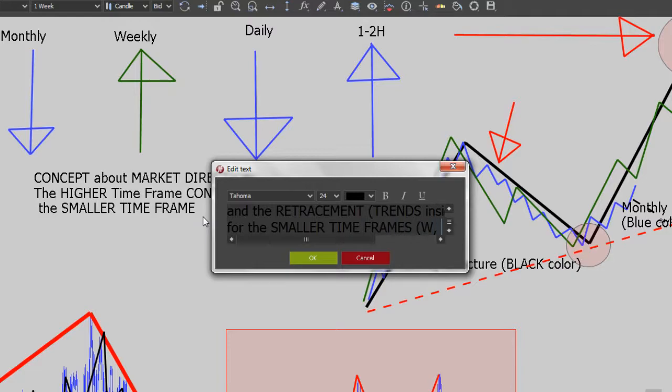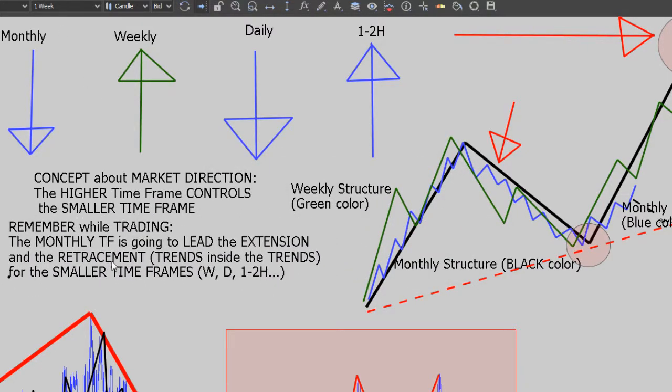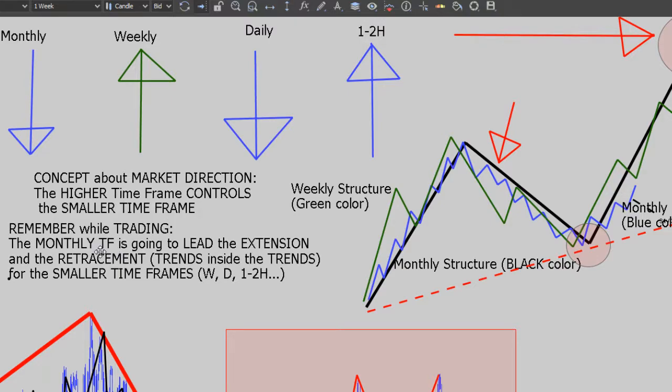Weekly, daily, 1 2 hours, and so on. Okay, so remember, while trading, the monthly time frame is going to lead the extension and the retracement, meaning trends inside the trends, right? For the smaller time frame, weekly, daily, 1 or 2 hour.